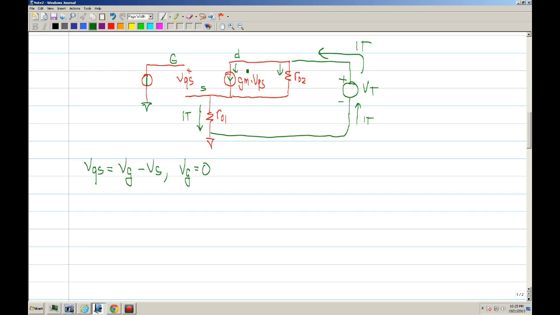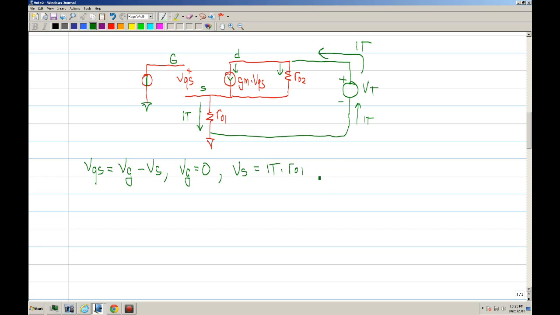So the sum of these two equals IT. IT enters the node, they split up, and then they recombine and they become IT again. Okay, so that helps in that now we can define VS. VS is IT times RO1.